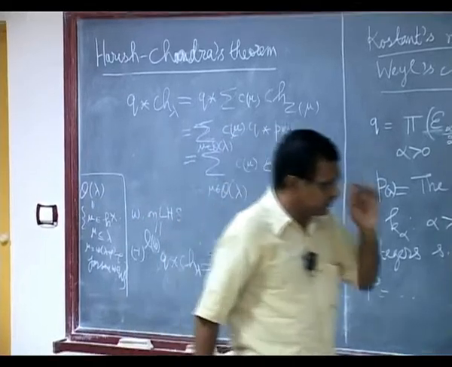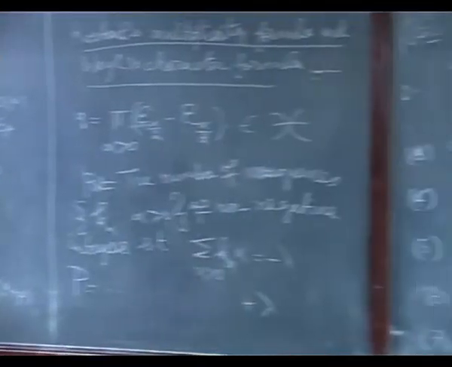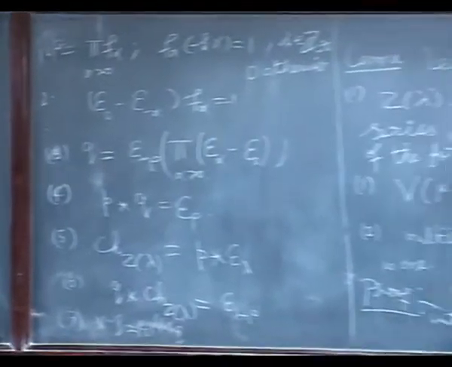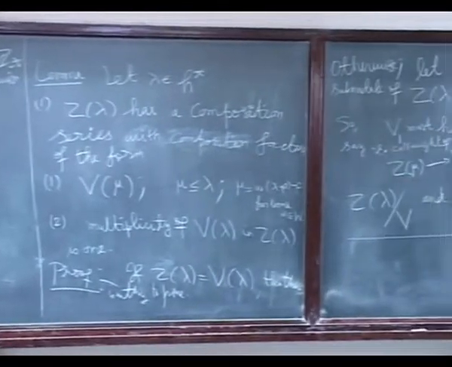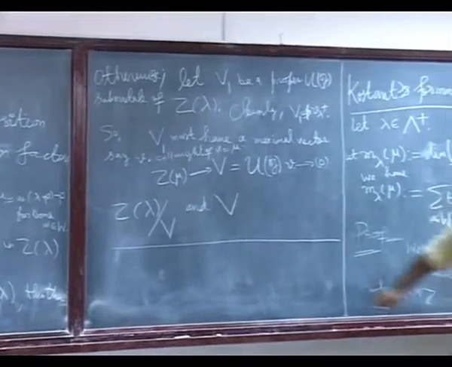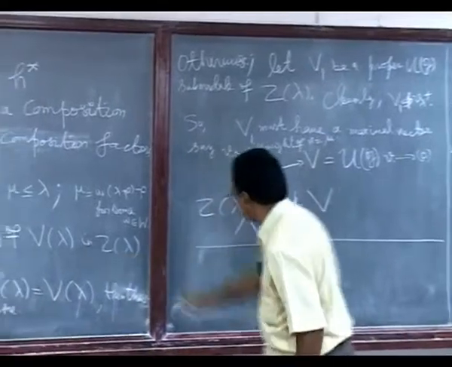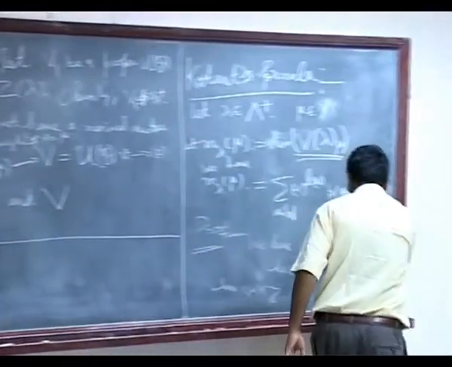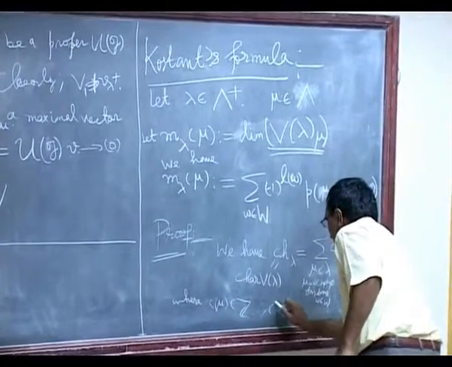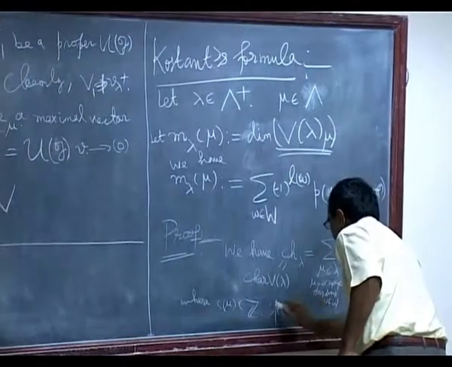One small but very important thing which I missed out in writing, but it is there in the argument, because it is there here, that multiplicity is 1. So this says that C lambda is 1, because it occurs only once. This is a very important thing.